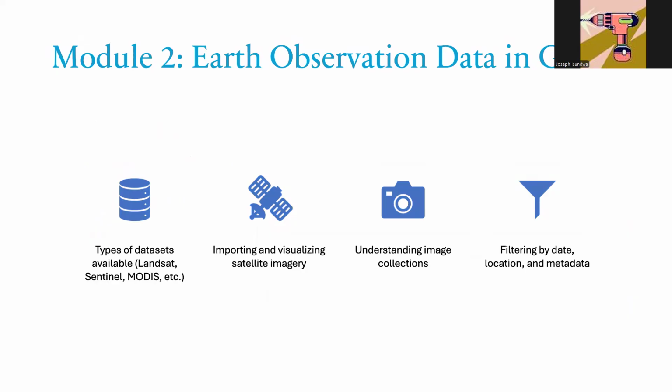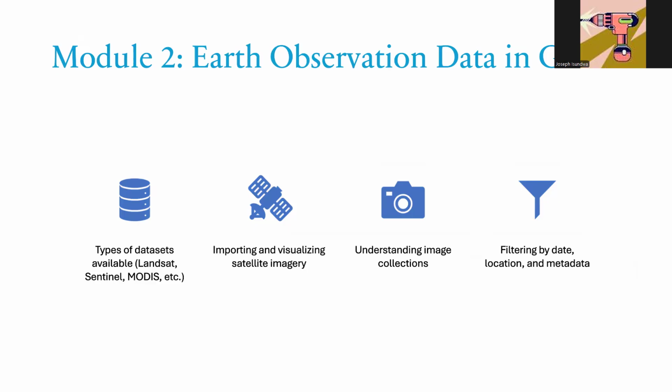Then the second module, we are going to see observation of Earth data using Google Earth Engine, where we are going to see the type of data sets that are available. This can be Landsat or Sentinel or MODIS, depending on what application we are using and what data we want to use.